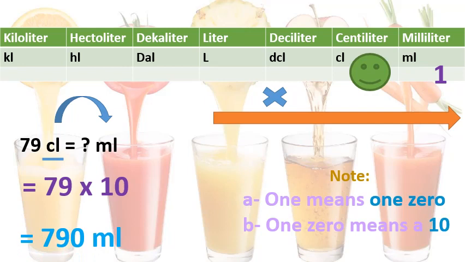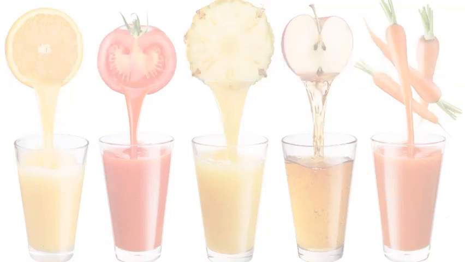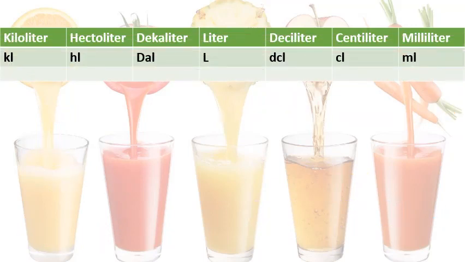So the answer is going to be 790. Again, what did we do? This number, we dropped it down, and then this 0, we'll put it next to the number. So 790 milliliters.